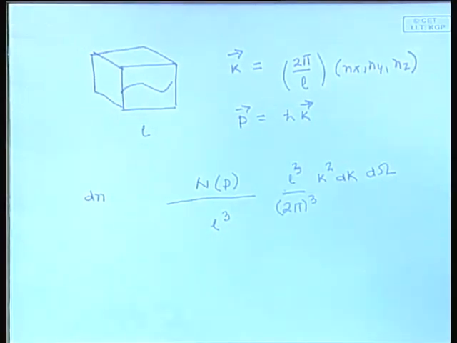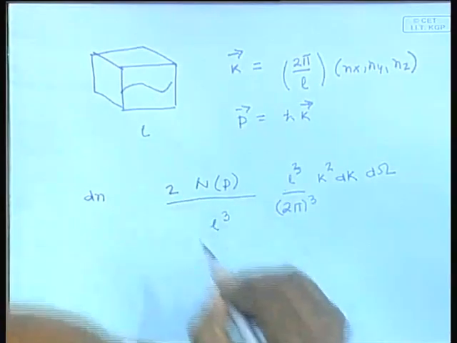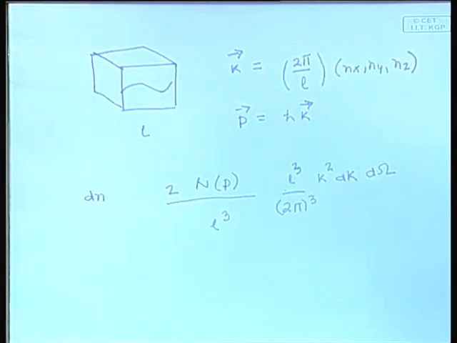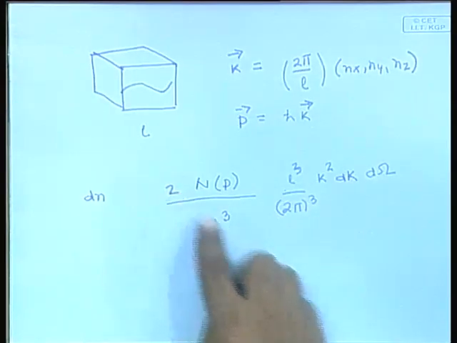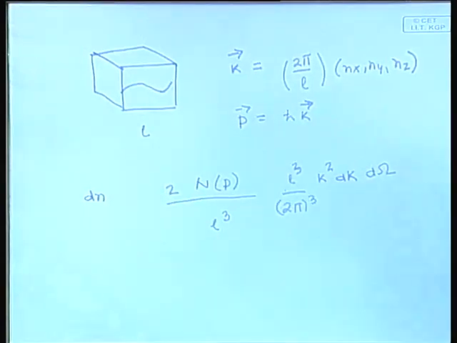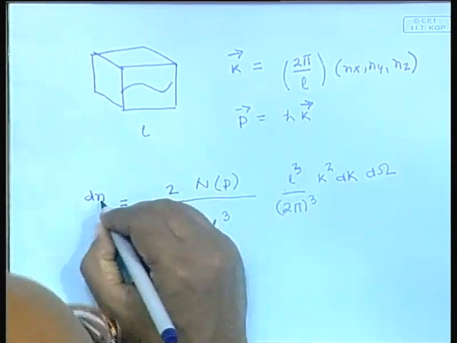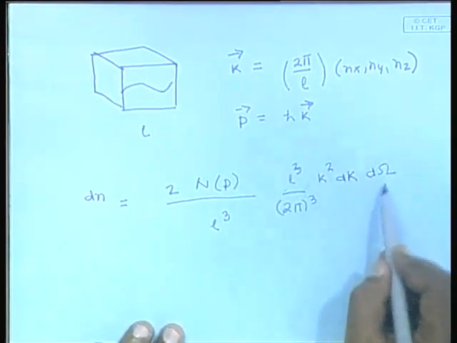And then for photons, which are spin 1 particles, we have a factor of 2 over here. For neutrinos also there will be a factor of 2. Irrespective of whether they are photons, neutrinos or electrons, there will be a factor of 2 coming over here. This is a degeneracy. So, this gives me the number of particles per unit volume with p values or k values in this range.